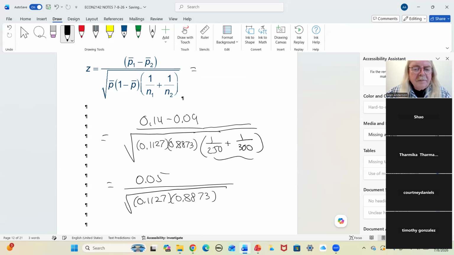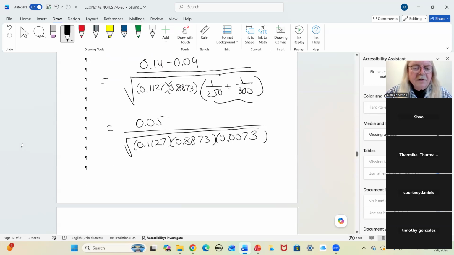This part is what I'm thinking about. 1 over 250 plus 1 over 300 is approximately 0.0073.